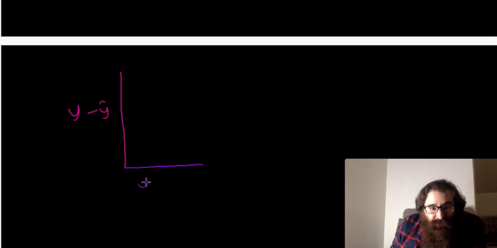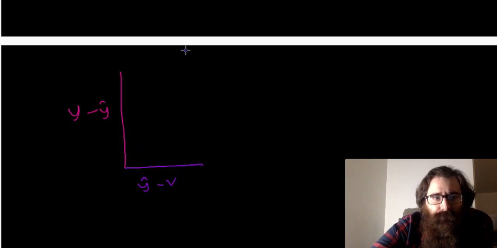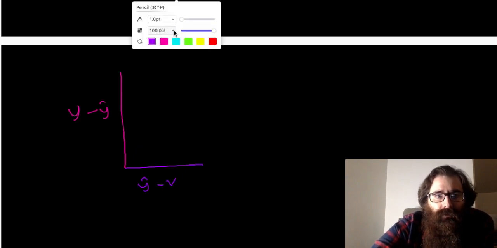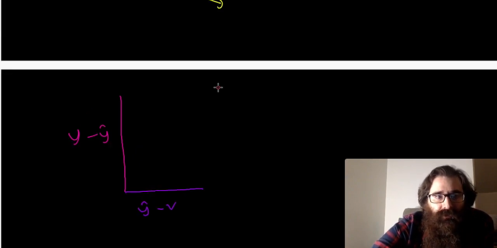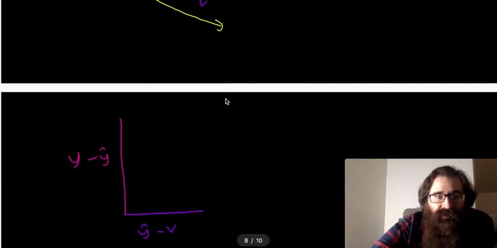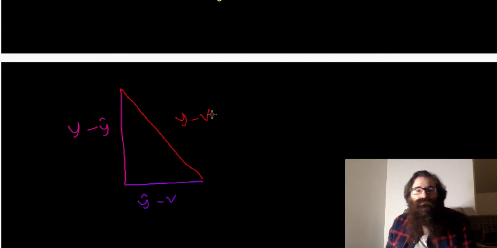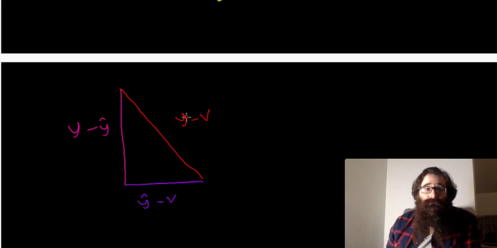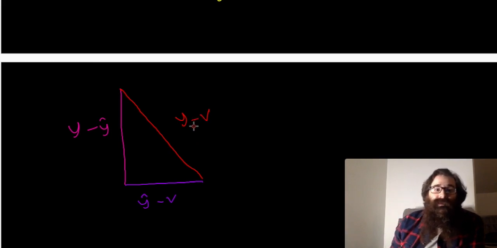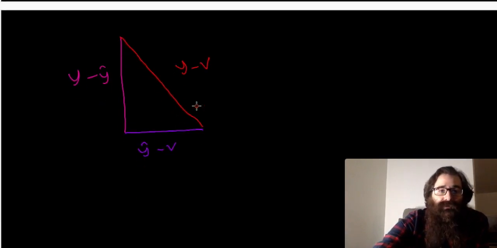The purple looks a little too close to the pink, but sure. And then red was the last color, and red was y minus v. Okay, so there are some things that we can say about this.